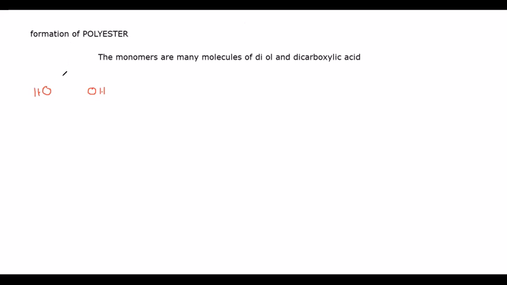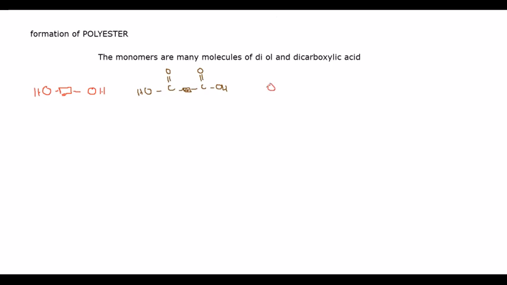Instead of drawing that carbon chain, we can use a symbolic representation, a box. So this is diol. And then dicarboxylic acid, as we just drew: two carboxylic groups, and between them there's a carbon chain, so we represent it with a box.